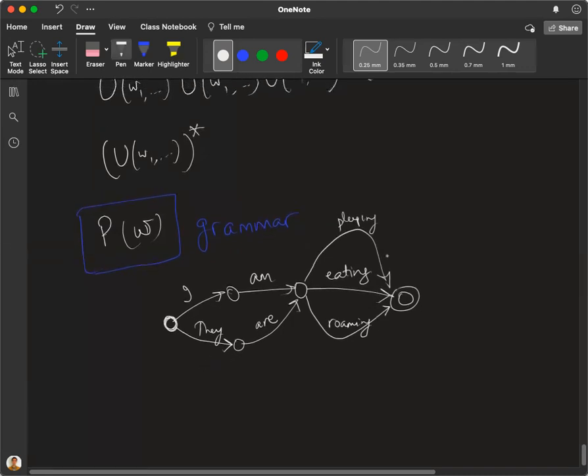Now this kind of grammar is called a finite state grammar because there are a finite number of states. But actually you know that I can use composition and construct potentially infinite numbers of sentences given a finite number of words, right?